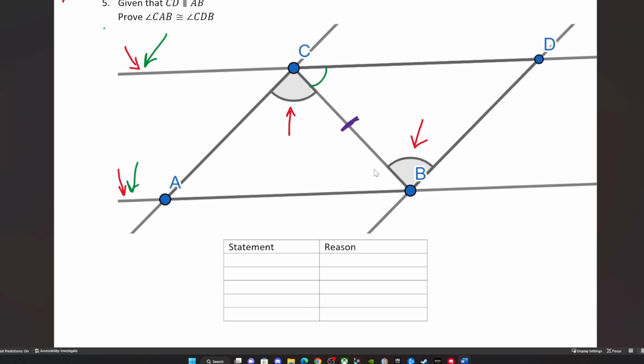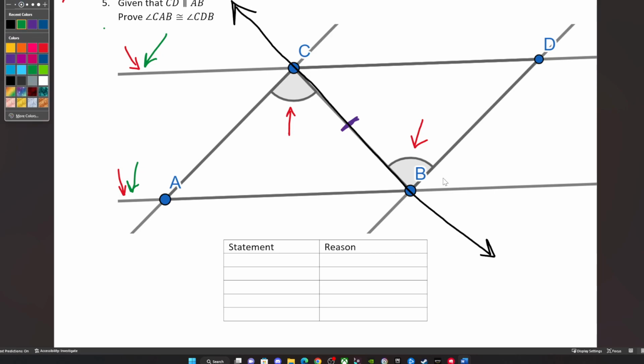So bottom line, my best option in this case is going to be to show that this angle and this angle are congruent. So let's do that. To do that, I want you guys to consider segment CB, which is this whole segment right here, as a transversal line. And notice, if segment CB is a transversal line, then this interior angle would be congruent to this interior angle.